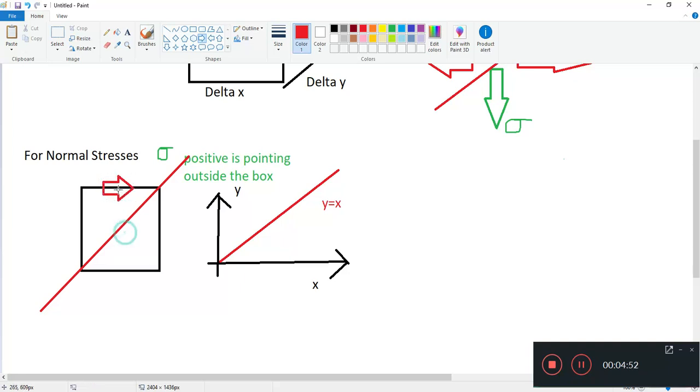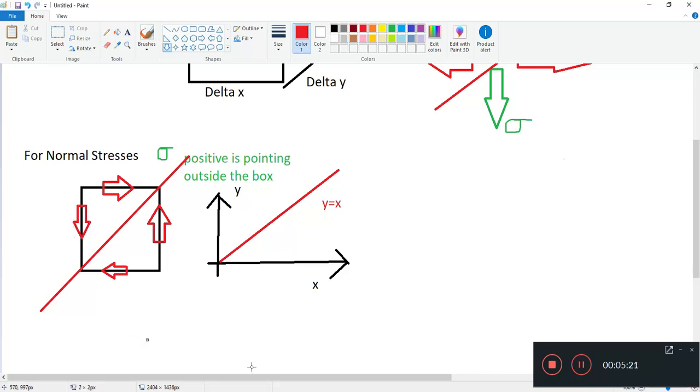If you start on this line, whichever stress points towards the line y equals x will be the positive direction. So at the bottom, it will be this way, it's positive. I know it's kind of weird, but that's the convention that's being used, so get used to it. You point it towards y equals x, and that is the positive direction.